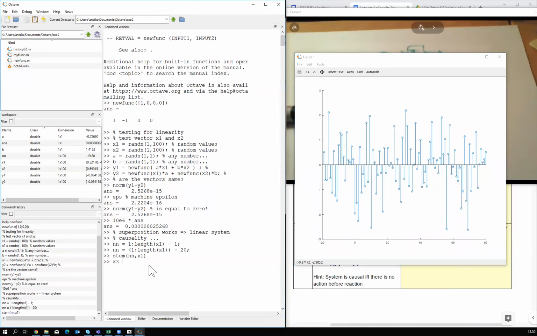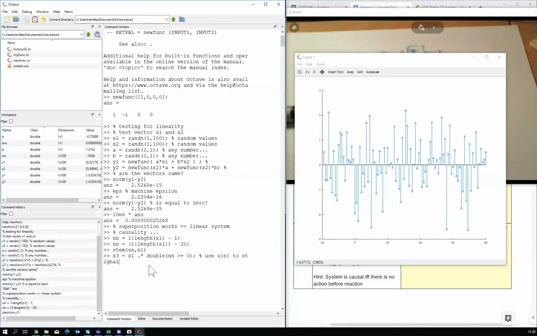So my third test vector x3 is x1 dot times n greater than or equal to 0. So actually I will use the u of n to start the signal.